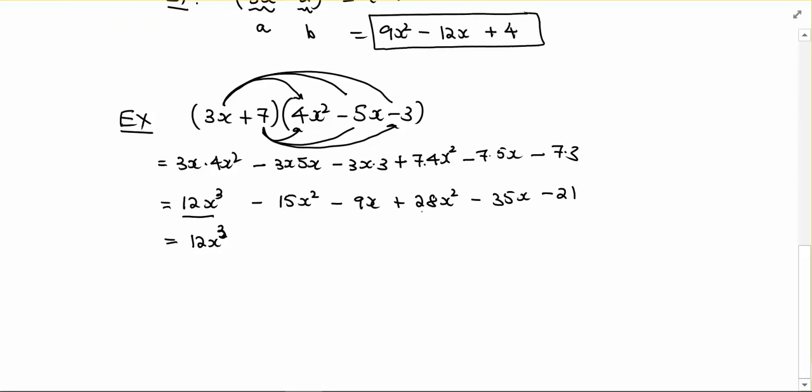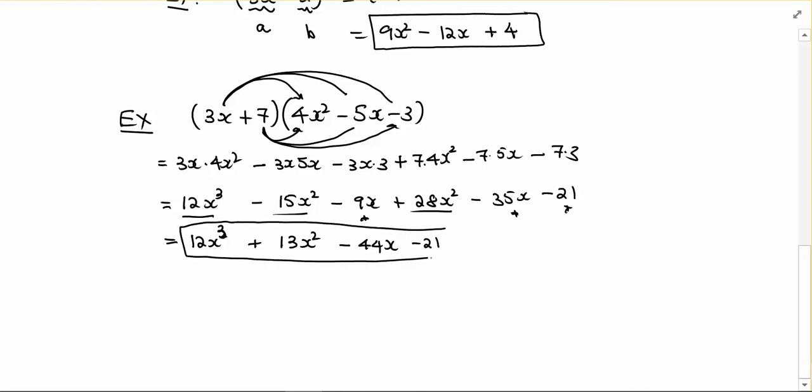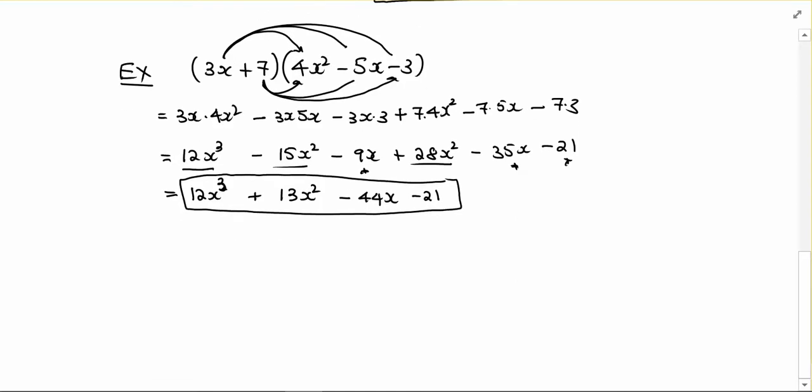These two match, so that would be a positive 13x squared. And then these two match, so that would be a negative 44x. And then the last but not least is the constant. So just taking this idea of distribution to go all the way through. This is one of the easiest questions you can get. So make sure you plan to get this sort of question right.